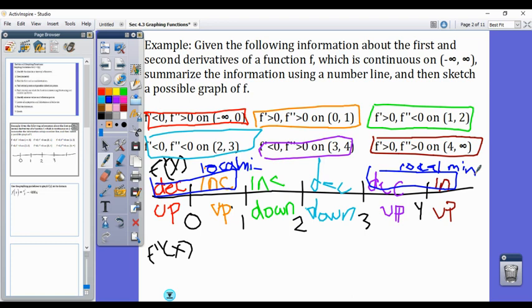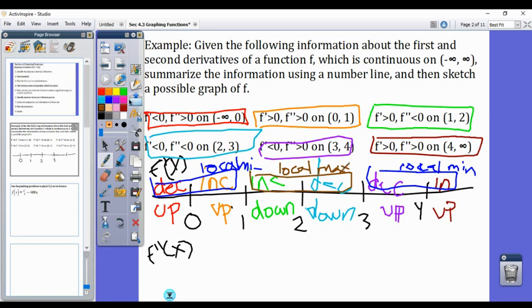Okay, and then when I'm going from increasing then decreasing, that's going to be a local max. So here, sorry, that's a little messy. Okay, and then the other thing that I want to notice is when I'm switching from concave up to down or vice versa.